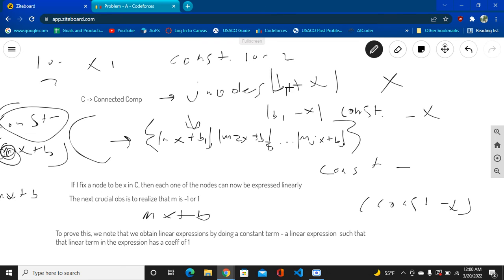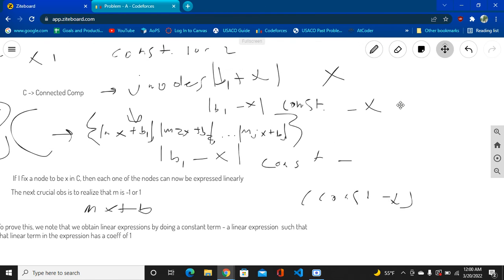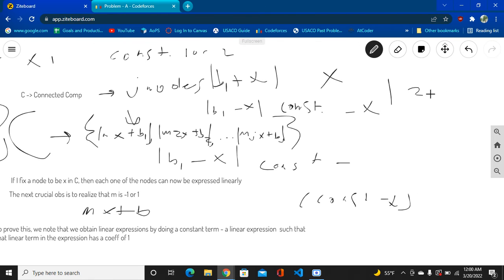Instead of writing it as plus x, we write it as b1 minus x, right? Let me try to explain this with actual numbers. Let's say you have 2 plus 5. You're trying to find the absolute value of 2 plus 5.